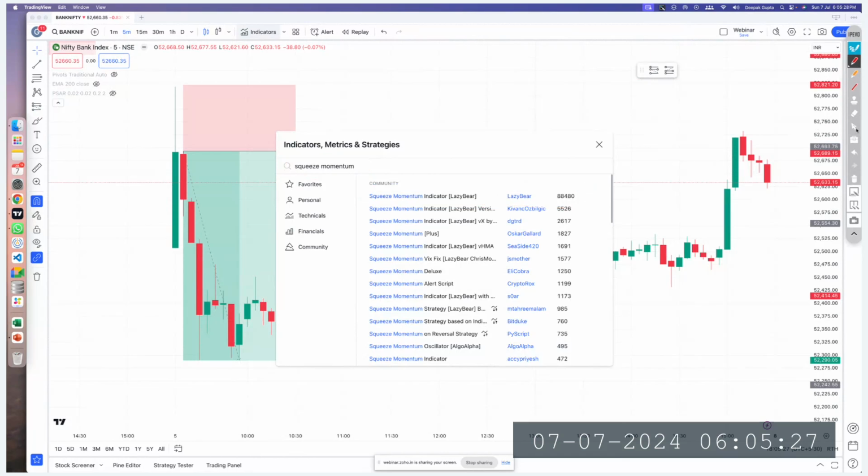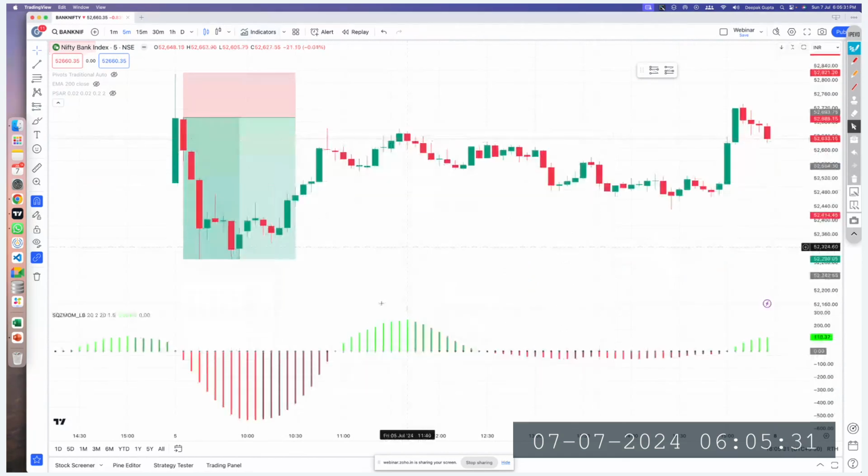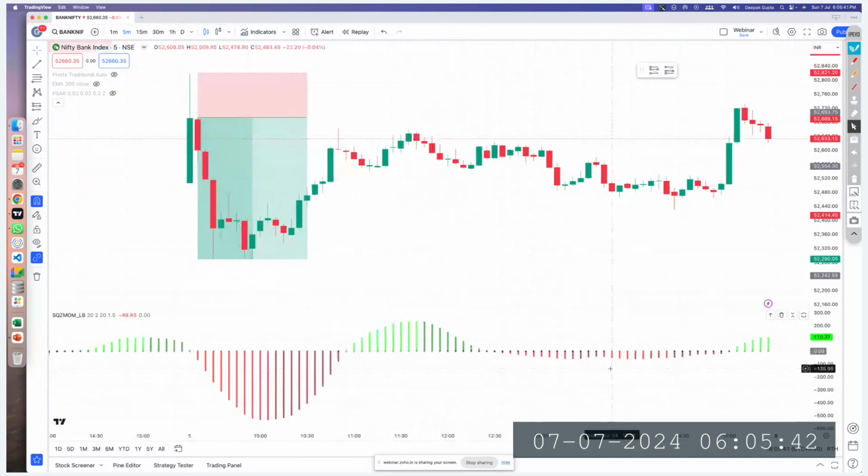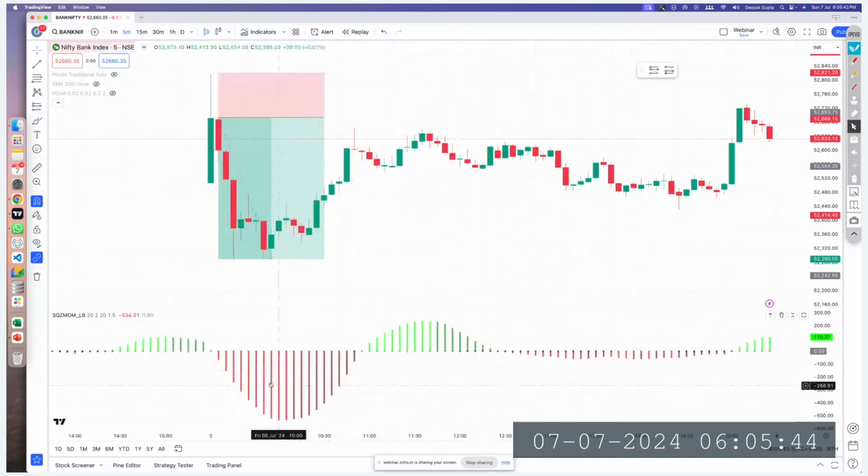Once we apply this, what happens? There's a new setup that pops up below the chart. And it is intuitive enough to read. Red means momentum on the downside, green means momentum on the upside.